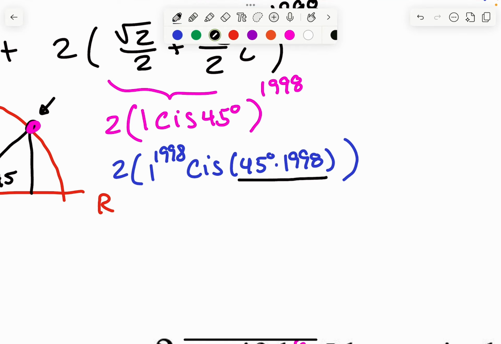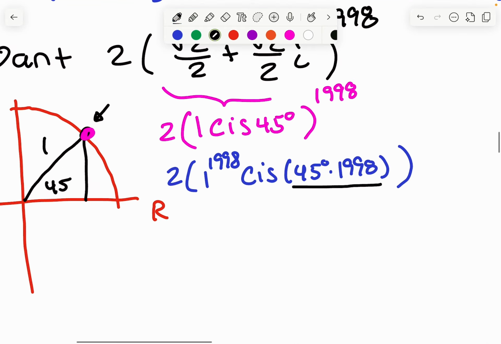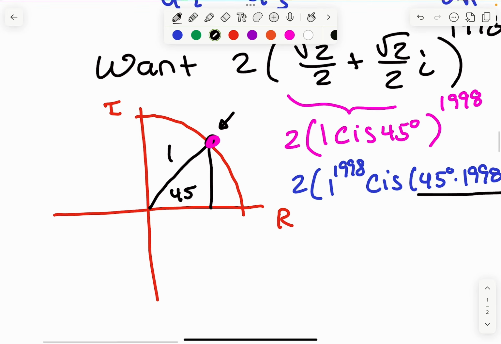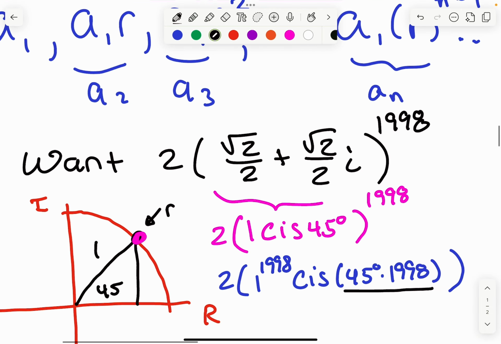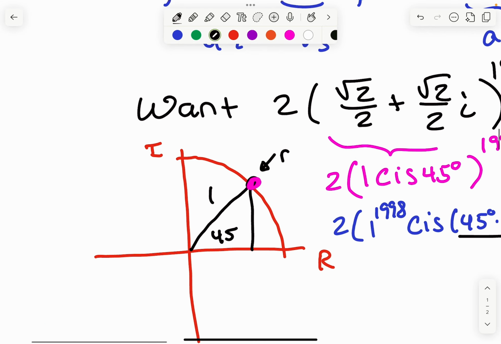Now we're not going to sit here and multiply that out, but what we do notice is that if I call my complex number r, r squared would just move you another 45 degrees, and another copy of r would move you here. r to the 4th would bring you back to negative i.